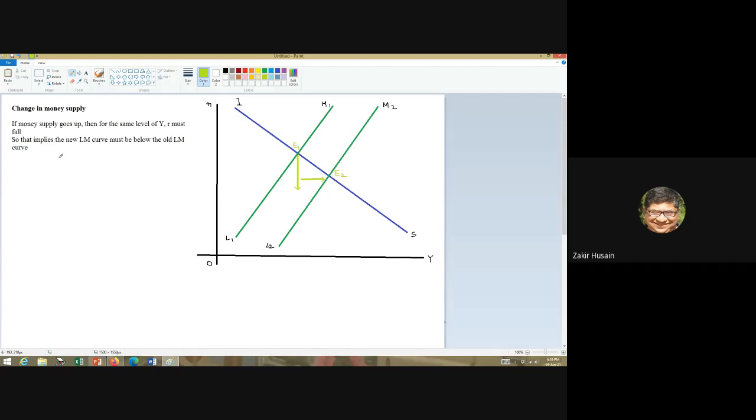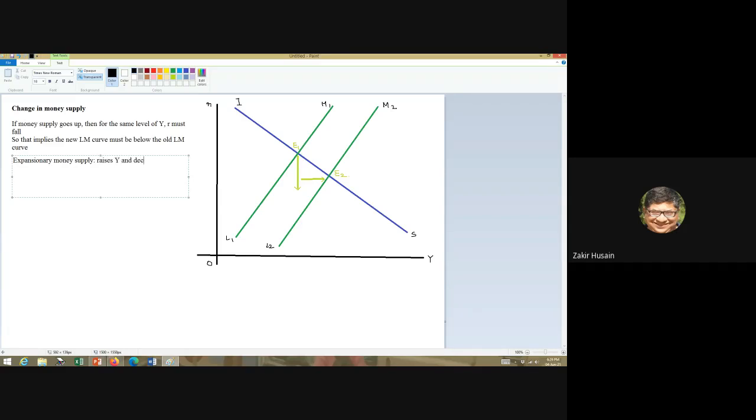So the expansionary money supply raises income and decreases R.